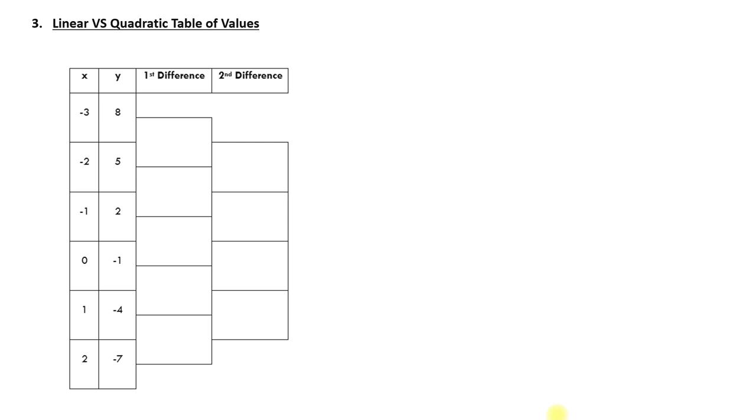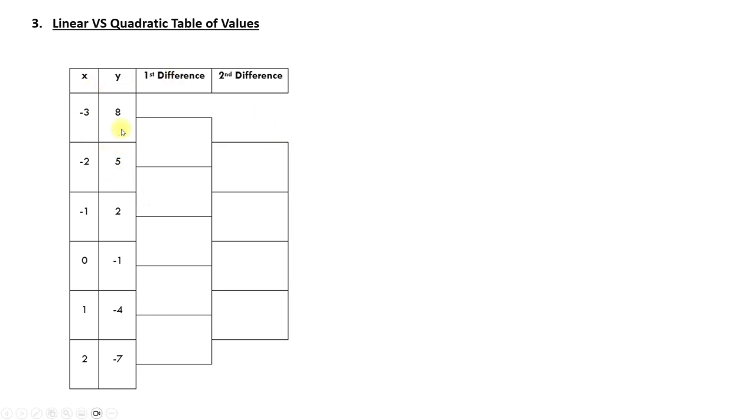Here, we're given a table of values, and we're asked to figure out what the first differences and second differences are, and then determine whether the equation is linear or quadratic.